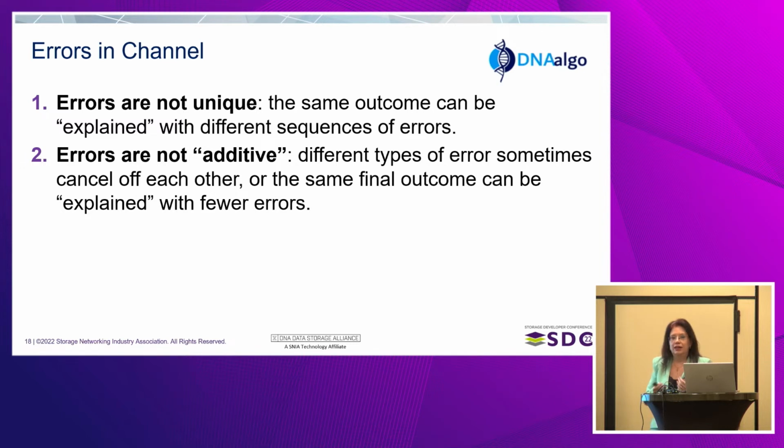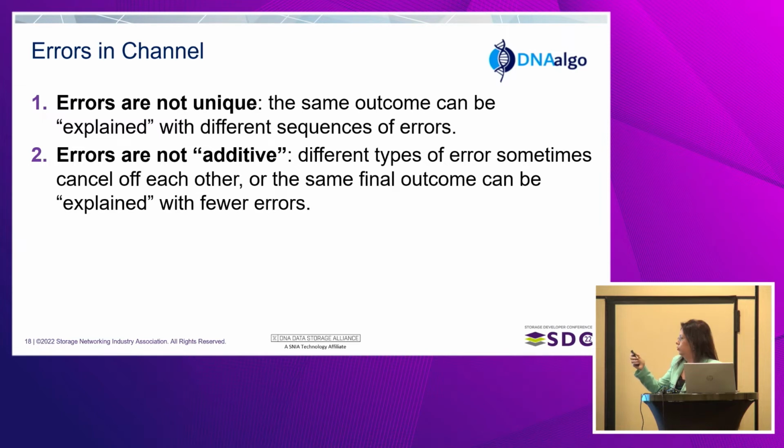And then the errors are not additive, let me say. So for example, if we understand that we have a channel where we have, for example, 5% of substitution and 5% of deletion, we cannot say that the overall error is 10%. It's not true, because sometimes the errors cancel each other. So this is another complexity we are adding to the channel.